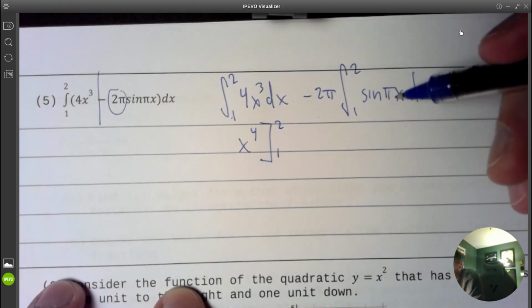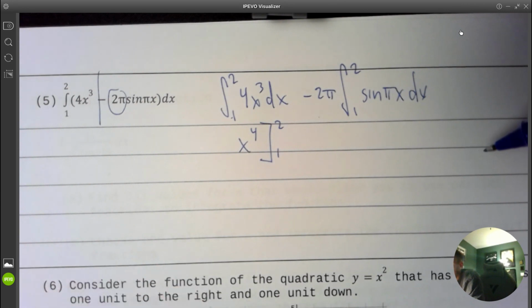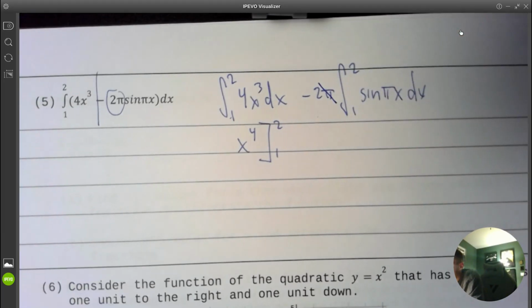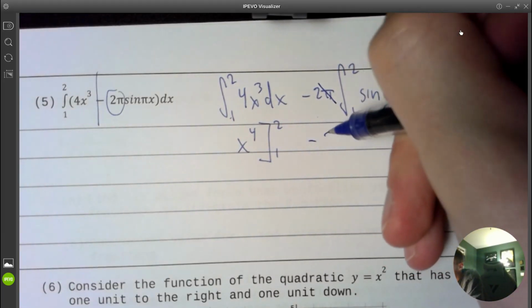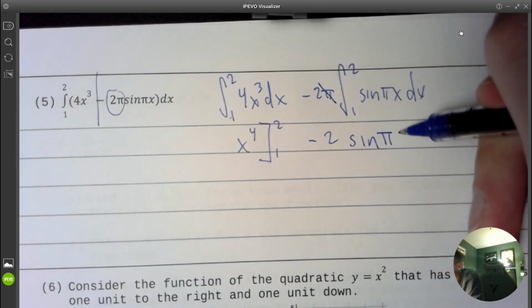This one is a little goofy because I have this pi in there, and if I do u substitution, I would have pi x, the derivative would be pi. I would have to divide by pi. So this pi out here is going to get canceled out by u substitution. Minus 2 sine of pi x.